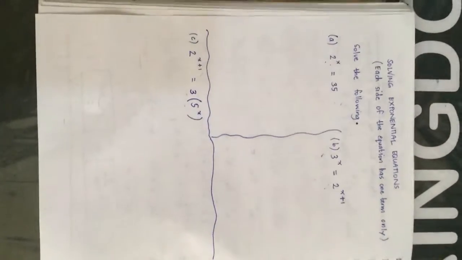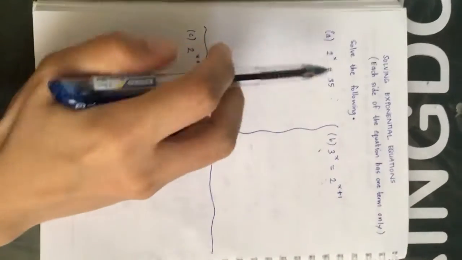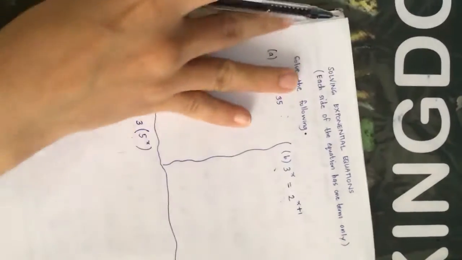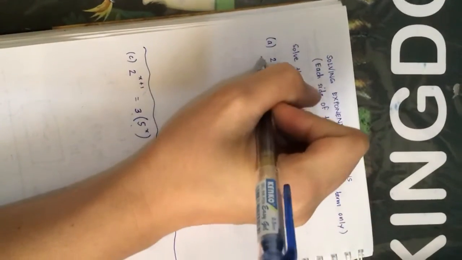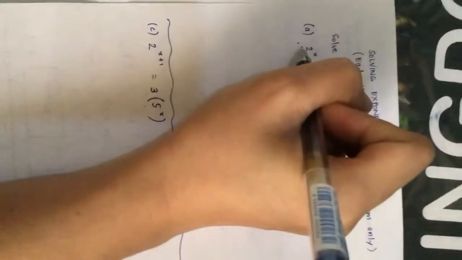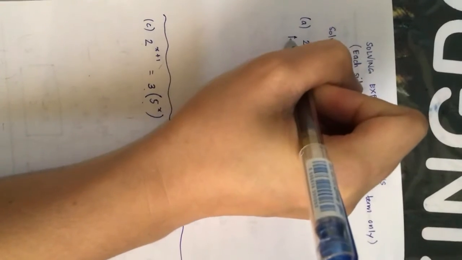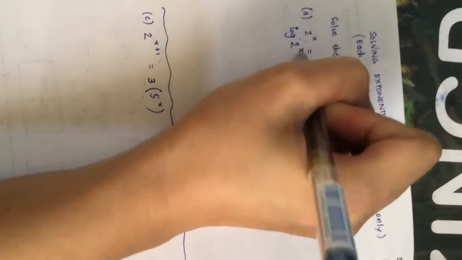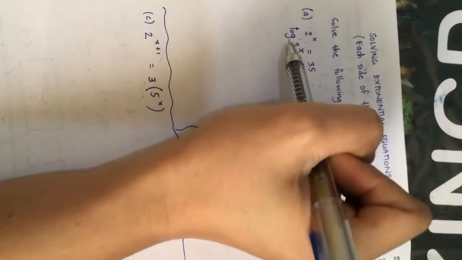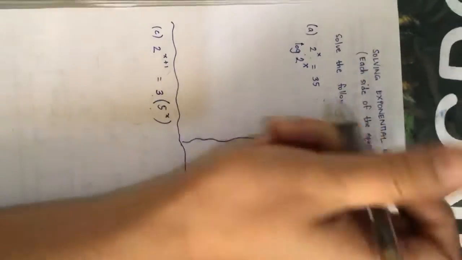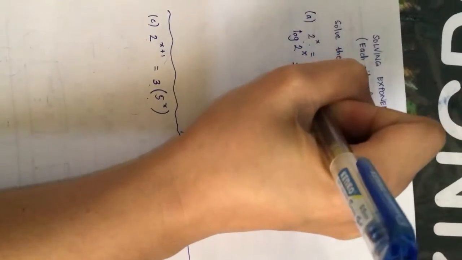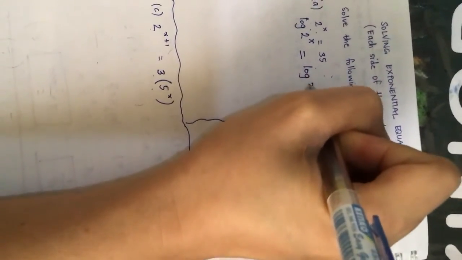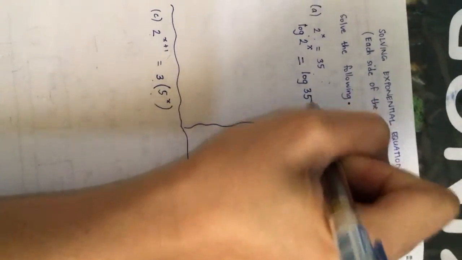So how do we do that? We express both of these as logarithms to base 10. So then, the left side will become the logarithm of 2 to the power of x to base 10. If it's base 10, we no longer need to write it. Same with 35. So 35 will be expressed as the logarithm of 35 to the base 10.